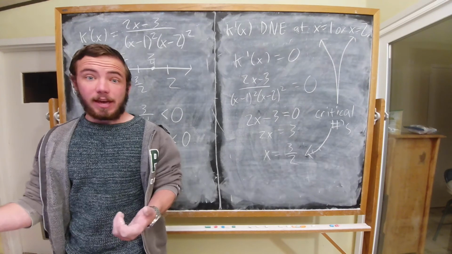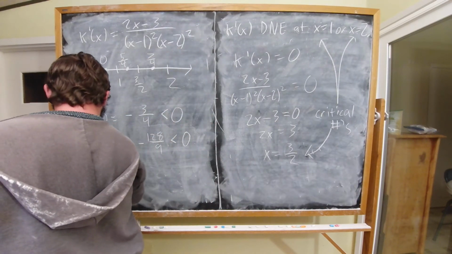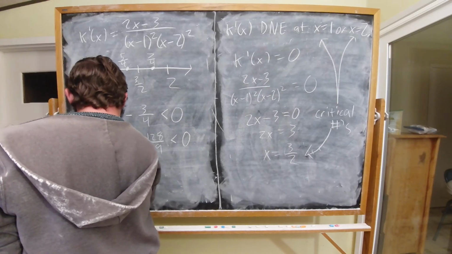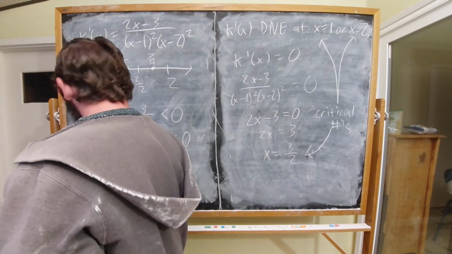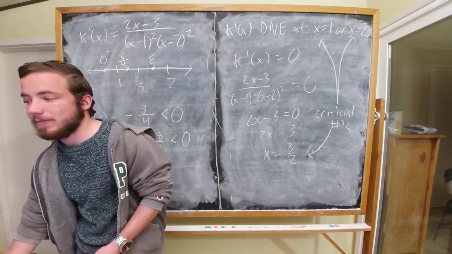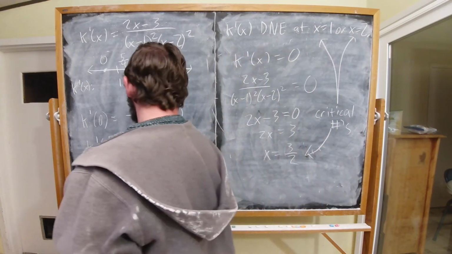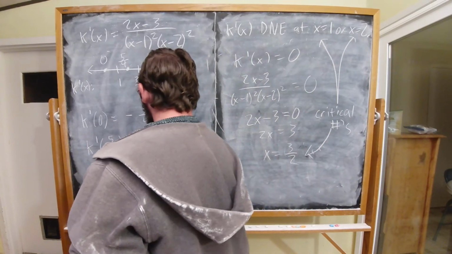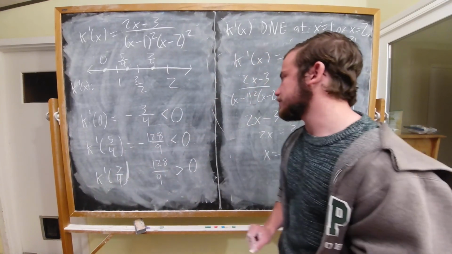And now let's compute k prime of 7 fourths, which again, I will do by hand off screen. It turns out that will be positive 128 divided by 9. Most important fact of it being greater than 0.